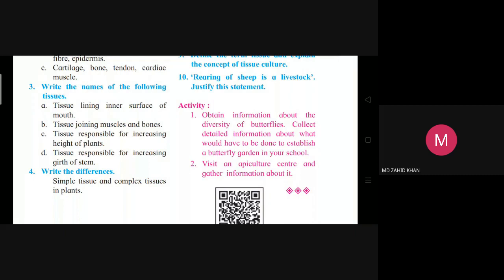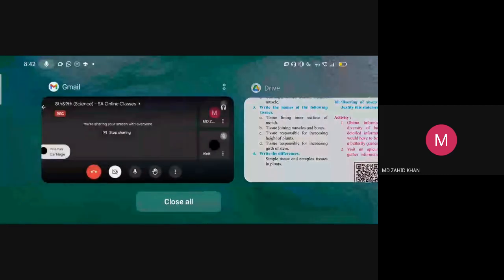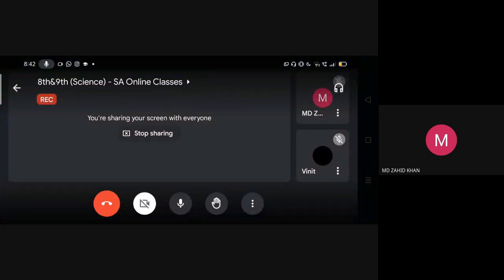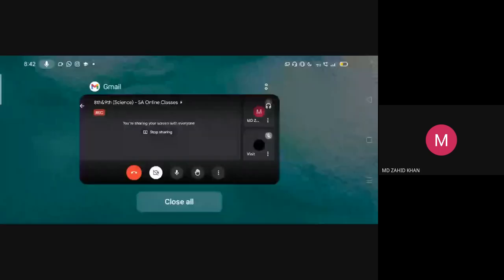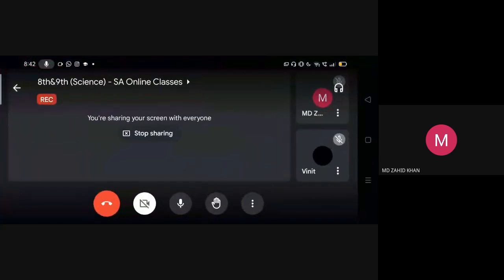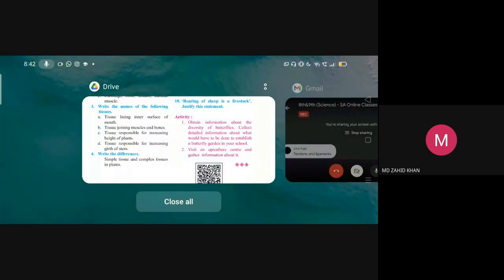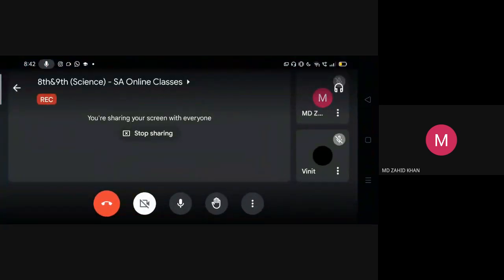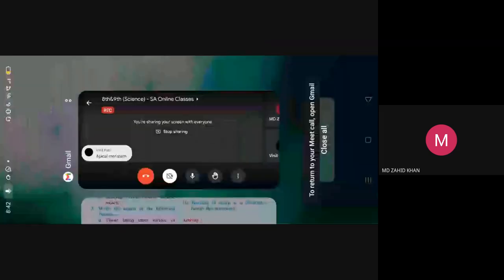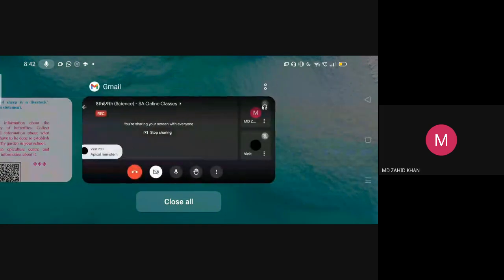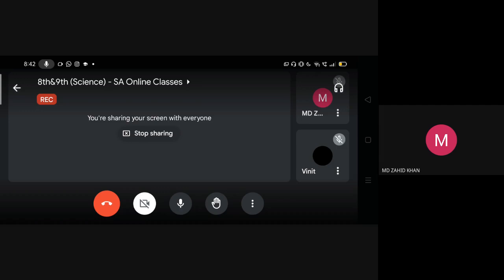Write the name of the following tissue. Tissue lining the inner surface of the mouth: squamous. Tissue joining muscle and bone: tendons and ligaments. Tissue responsible for increasing the height of a plant: apical meristem. And tissue responsible for increasing the girth of a stem: lateral meristem.